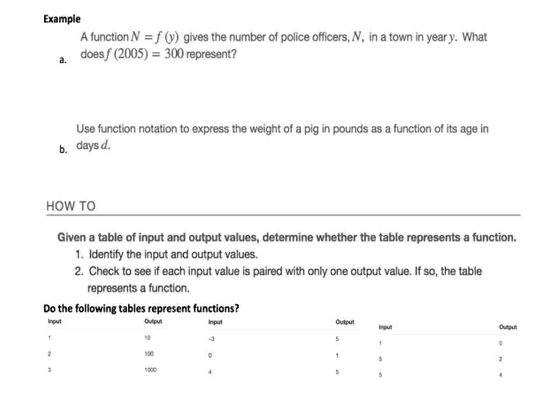All right, so a function n equals f of y. In other words, I'm going to be plugging in y and getting n out for that. And this gives the number of police officers in a town in year y.